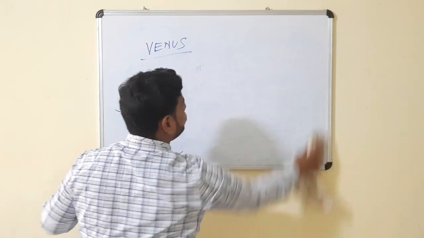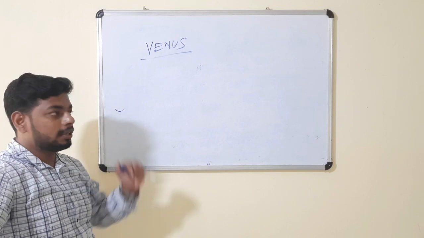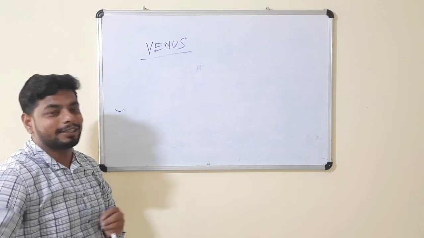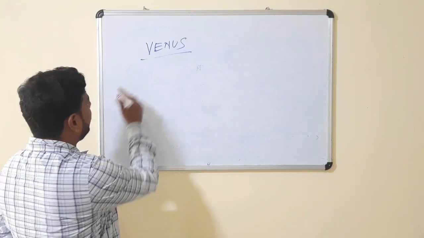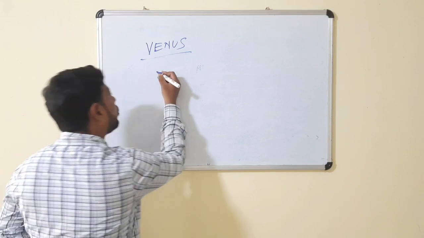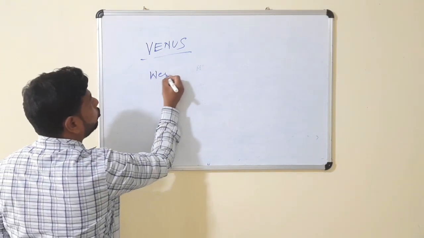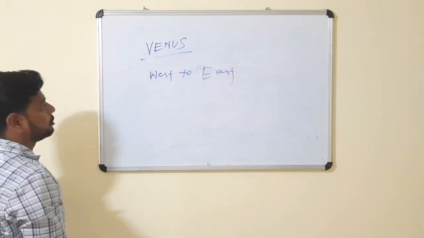So far, what did we understand about Venus? This second planet has a very unique thing. Of all the planets, 8 planets, 6 planets rotate from west to east.